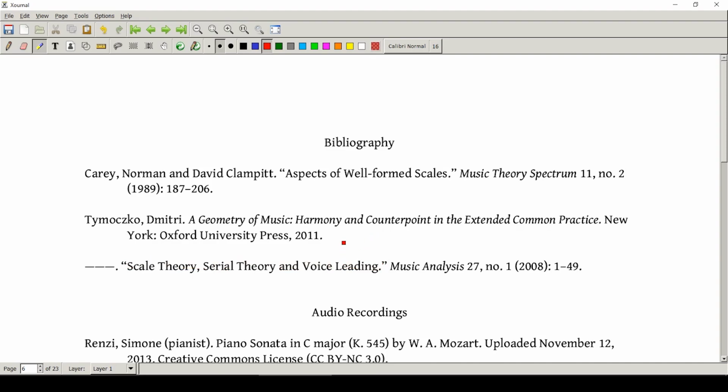It's a little bit dense, so if you want a more accessible introduction to the way that he thinks about things, I also would recommend to you his book, A Geometry of Music, which is, I think, a really great book that almost anybody who has a basic grounding in music fundamentals and can follow something like my lecture today, you'd be able to get a lot out of his book, A Geometry of Music.